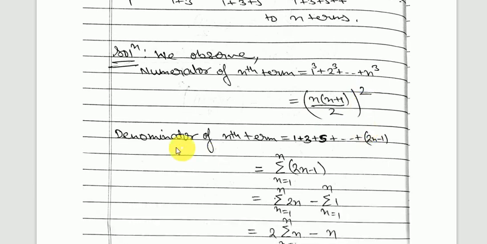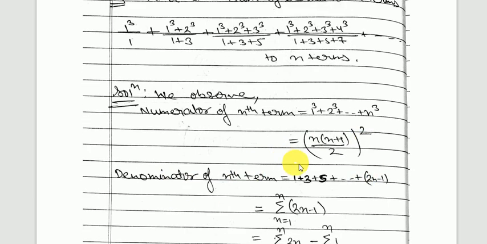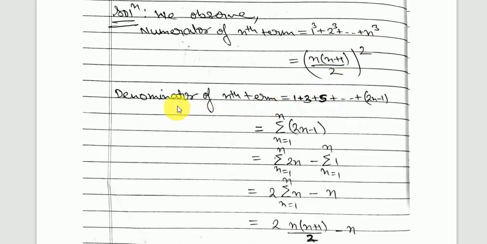And the denominator of the nth term is 1 plus 3 plus 5 plus so on. Here this is the third term, so the last odd number that you are adding is nothing but 2 into 3 minus 1. Here 7 is nothing but 2 into 4 minus 1. So the denominator of the nth term is 1 plus 3 plus 5 plus so on plus 2n minus 1.